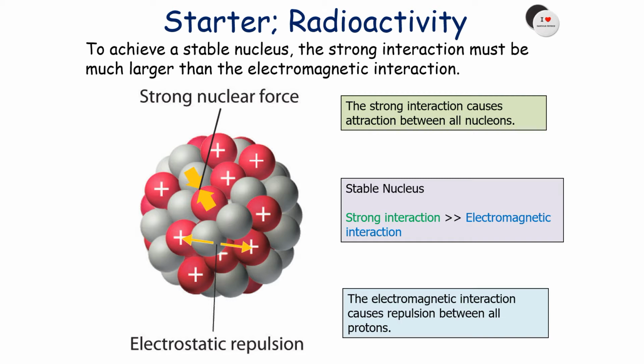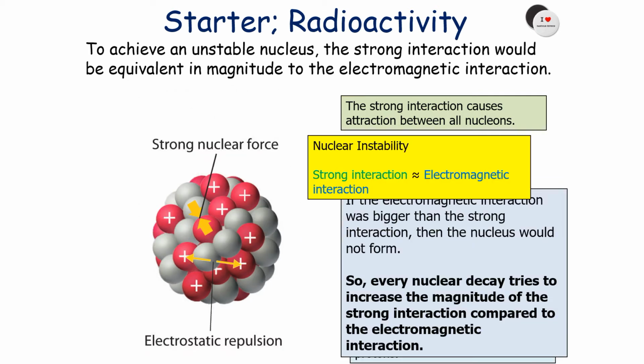Again, for a stable nucleus, the strong interaction is much greater than the electromagnetic interaction. Remember, the strong interaction causes attraction between all nucleons, but the electromagnetic interaction only causes repulsion between the protons. If a nucleus is unstable, the strong interaction is approximately the same as the electromagnetic interaction. So in theory, every nuclear decay tries to increase the magnitude of the strong interaction compared to the electromagnetic interaction.